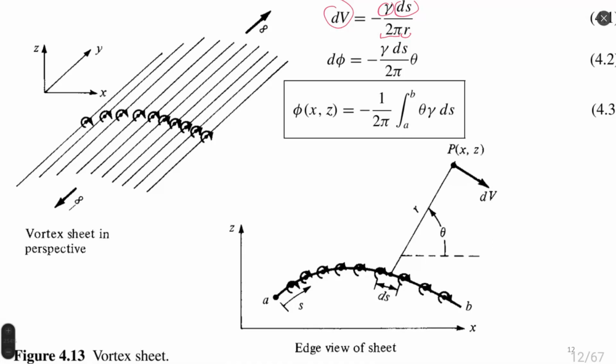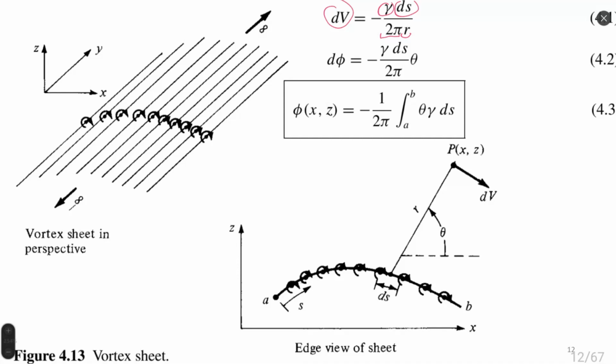For example, 1 meter and 2 meters. If we are 2 times more distant from this vortex, our change of velocity will be 2 times smaller than before. And then it goes according to this hyperbolic function.